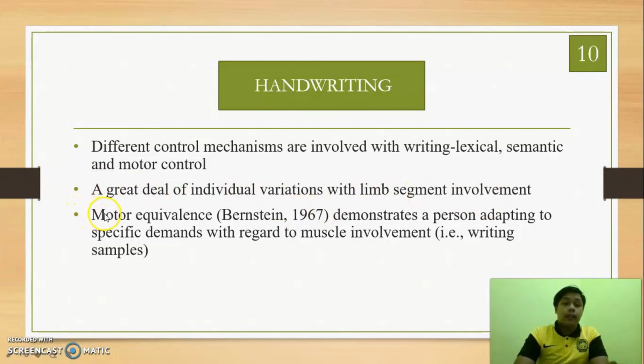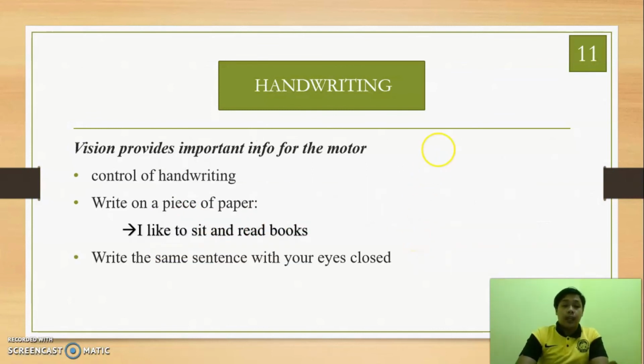The next point is motor equivalence, which demonstrates a person adapting to specific demands with regard to muscle involvement. Writing samples. And the next is that vision provides information for the motor control of handwriting, writing on a piece of paper. Example, write the sentence 'I like to sit and read a book' and write the same sentence with your eyes closed.